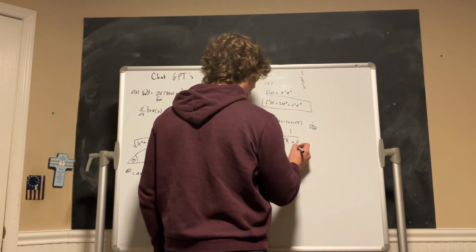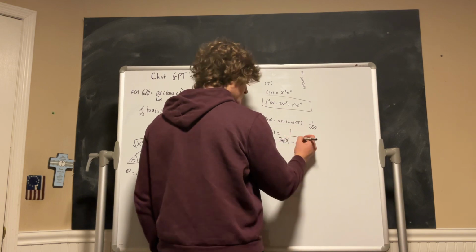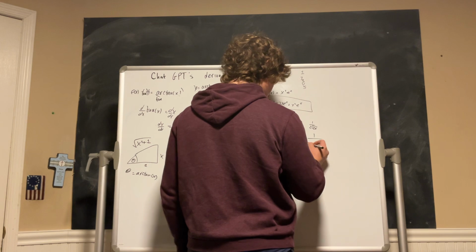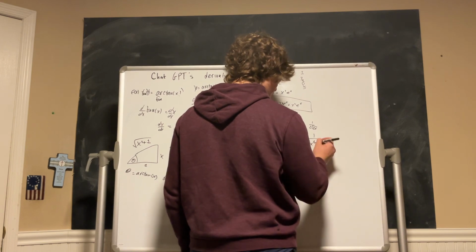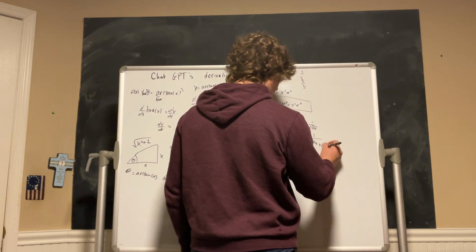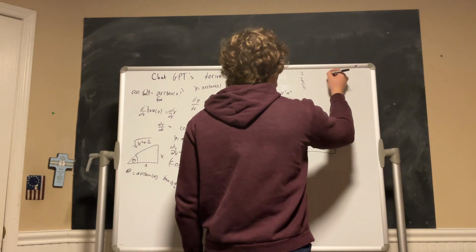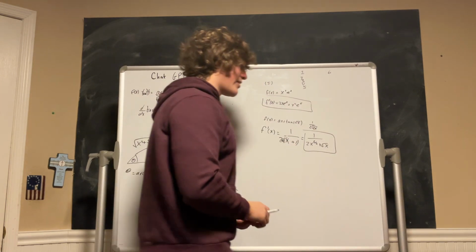So we can multiply here, which gives us 1 divided by 2x to the 3/2 plus the square root of x. This is our answer for our derivative. So number 6 is complete. And as you can see, that got a lot more difficult for that one.